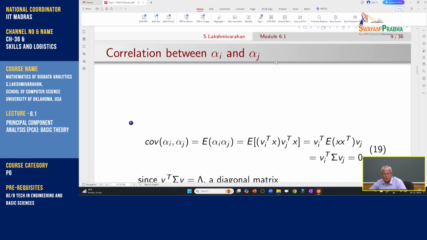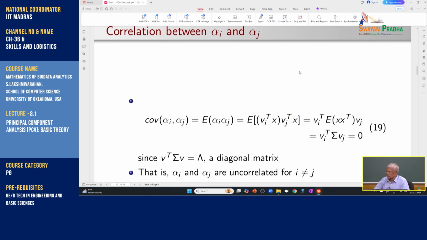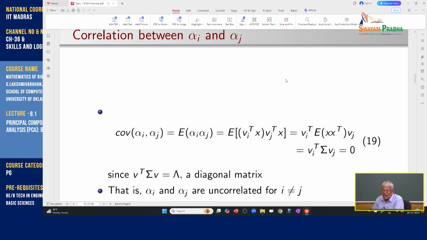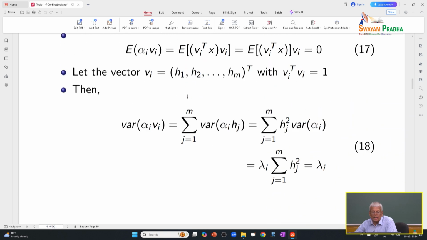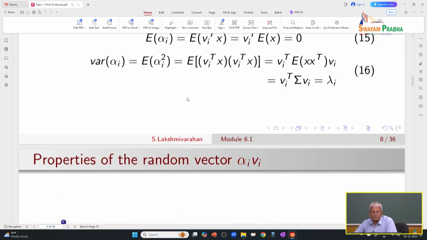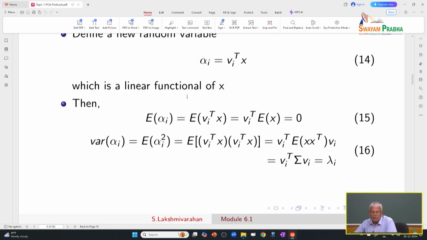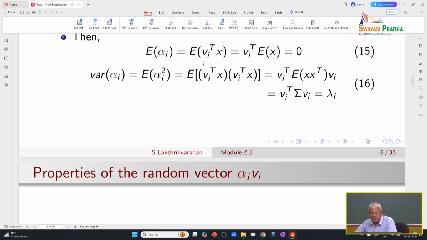So what is the correlation between alpha i and alpha j? Let's go back to the definition of alpha i and alpha j. In equation 14, alpha i is defined by Vi transpose x. What is alpha j? Vj transpose x. What are Vi and Vj? The two orthonormal eigenvectors of the symmetric positive definite covariance matrix, sigma.